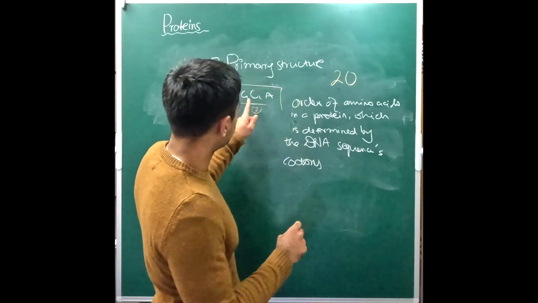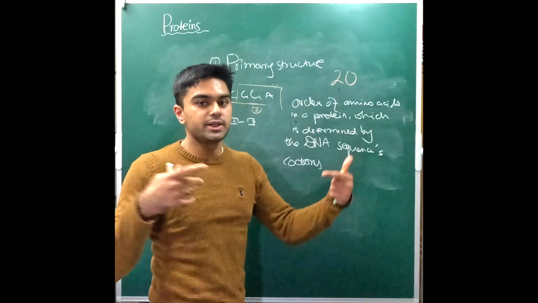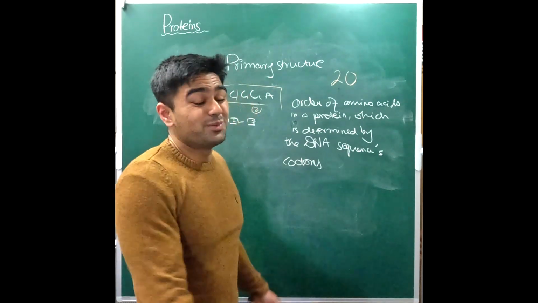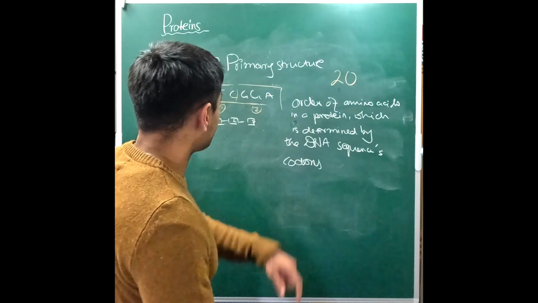Okay, codon means 3 bases, which equal an amino acid. Those amino acids join together in order. We form primary structure. Yeah, that's all the primary structure is.